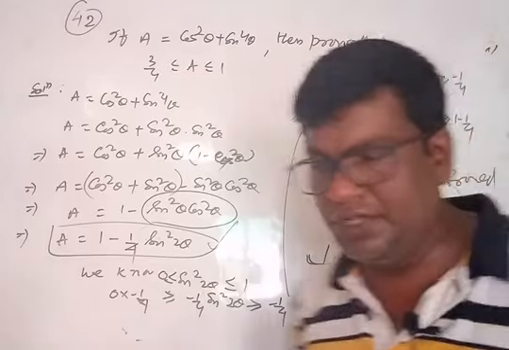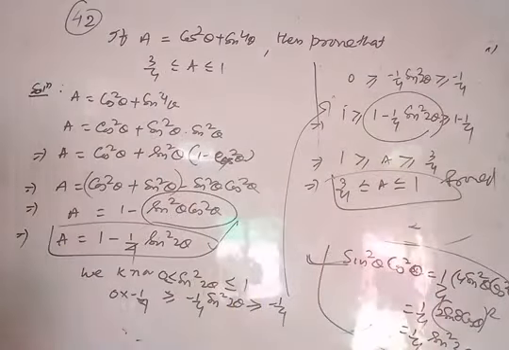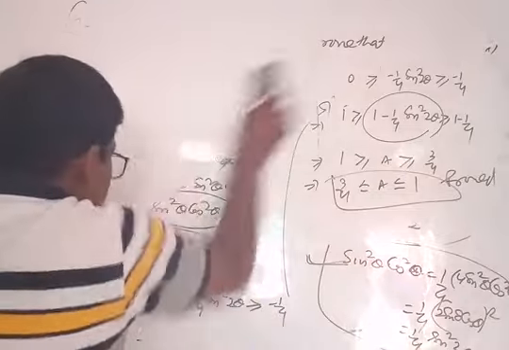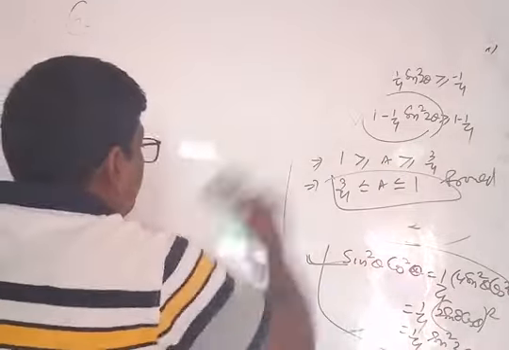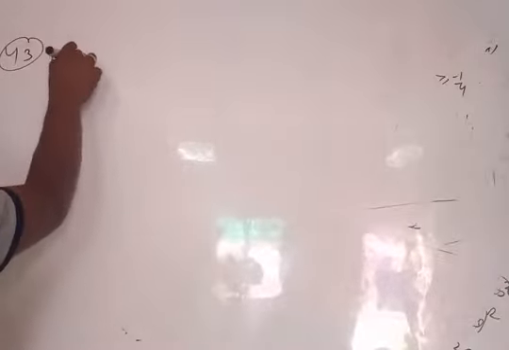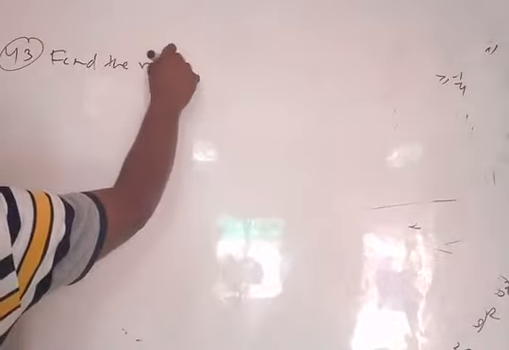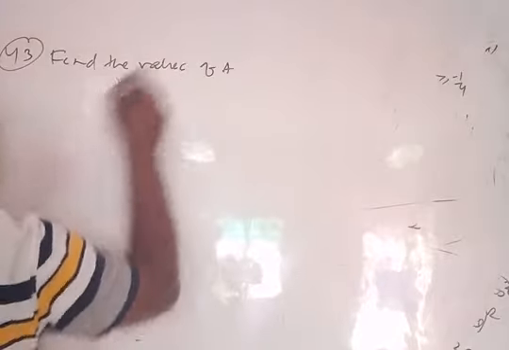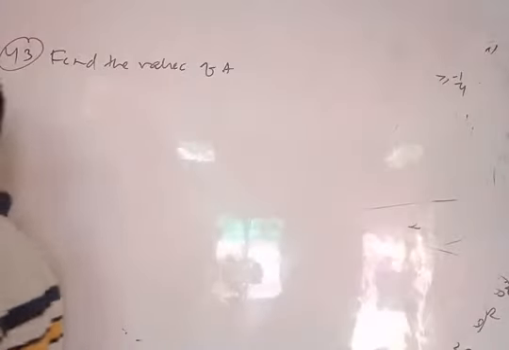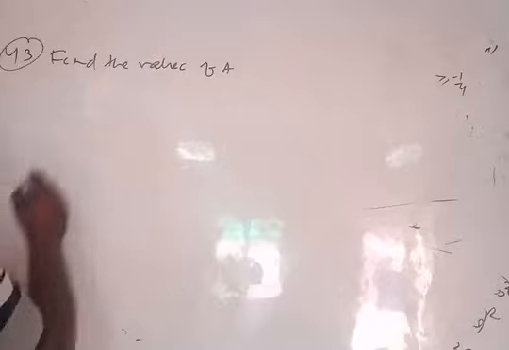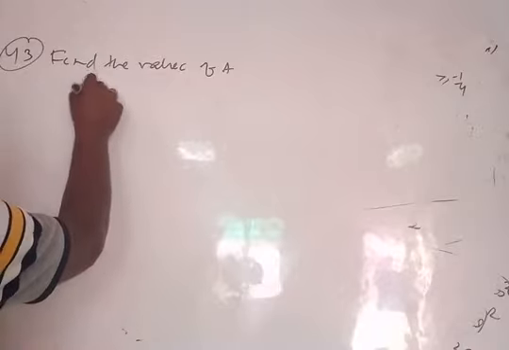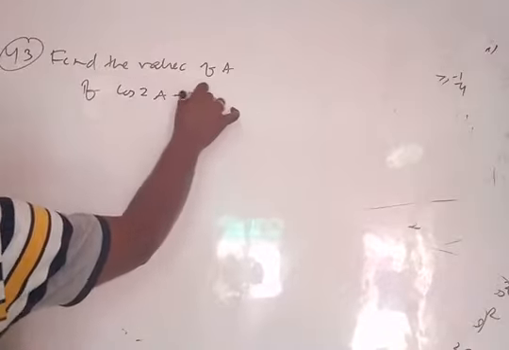Then question number 43, last question. Find the value of A if cos 2A is equal to sin 3A.